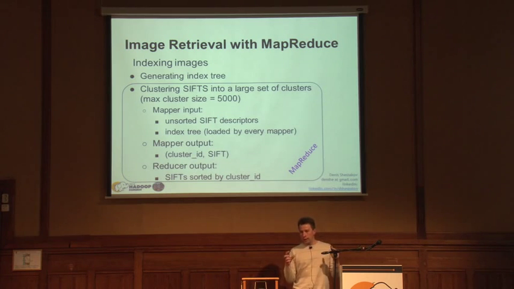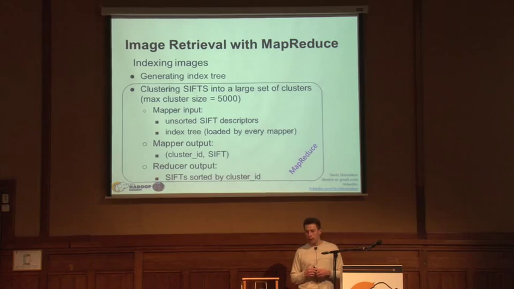As input, we have unsorted SIFT descriptors, and every mapper has to load this index tree. Then at the map phase, every SIFT descriptor is checked against the index tree, and depending on the particular leaf node, we determine the cluster to which we should assign this particular SIFT descriptor.